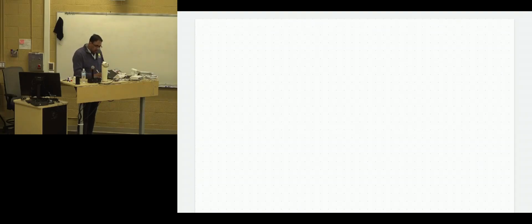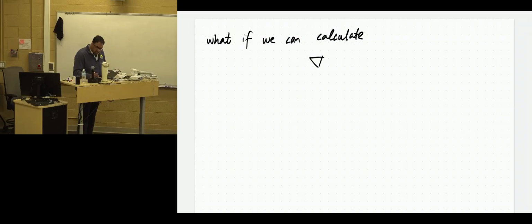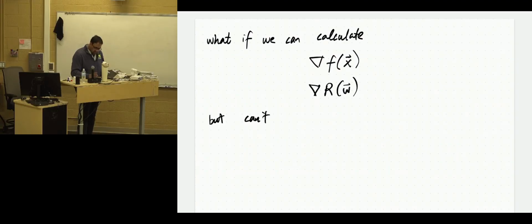To think about now are functions where we can calculate the gradient, or the gradient of R of W, but can't on paper solve for where the gradient is 0.